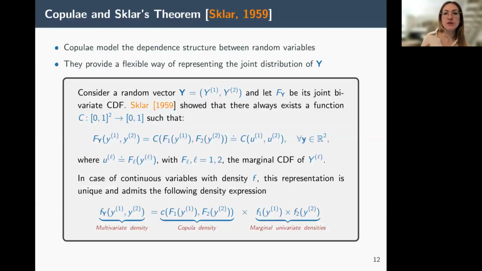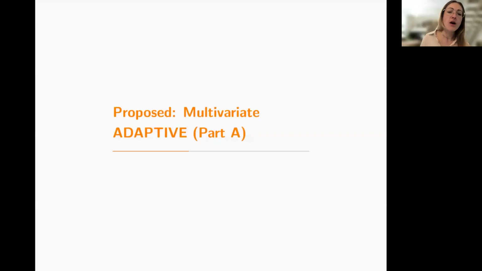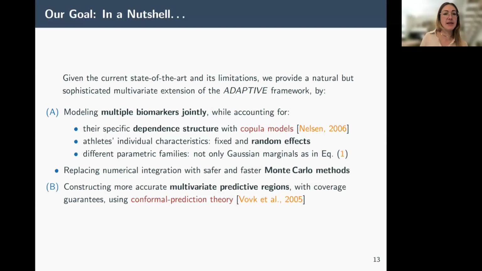So we want to use this probabilistic setting to build a multivariate framework and to couple it with a more sophisticated model along the lines of the one introduced by Sottas in 2008. So what is our goal? We want to maintain this framework and adapt it so that it can be accepted by WADA's practices.